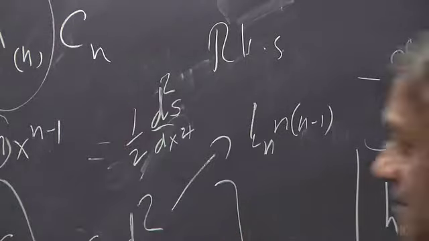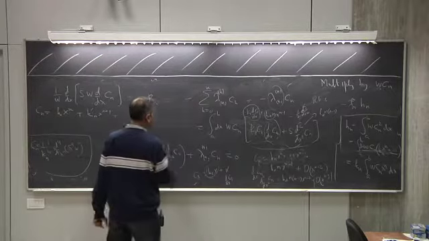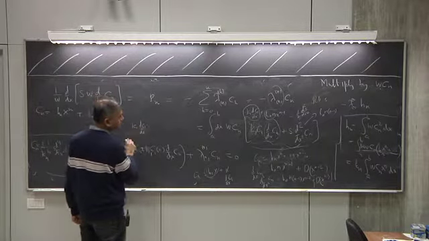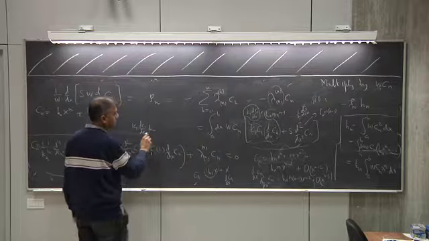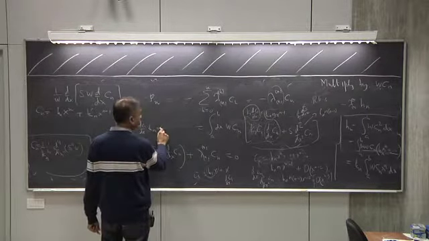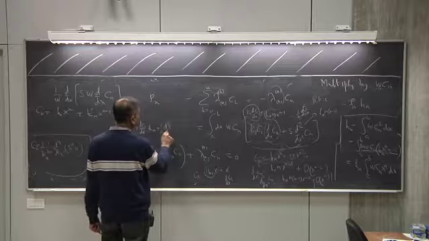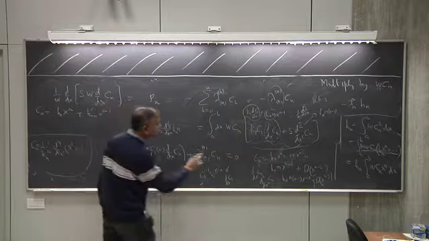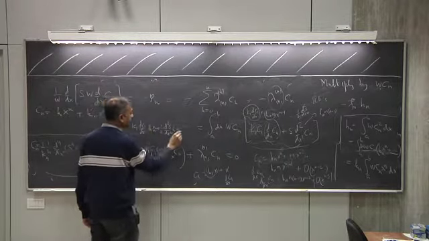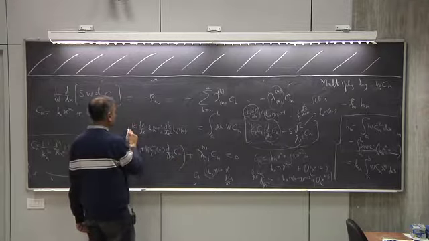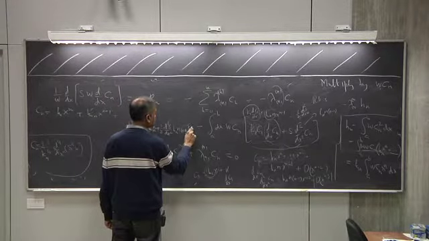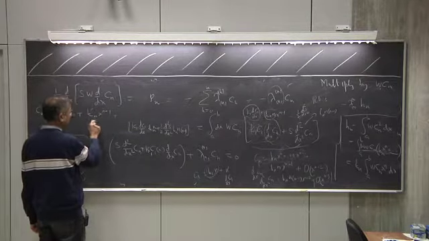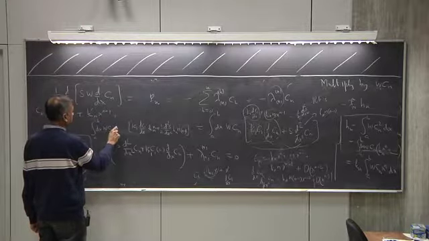So what we are seeing here is that this entire integral is equal to k1 dc1 by dx plus 1 half d2s by dx2 kn times, there is also n here, n times n minus 1, this whole thing times the integral from a to b of w cn x to the n.